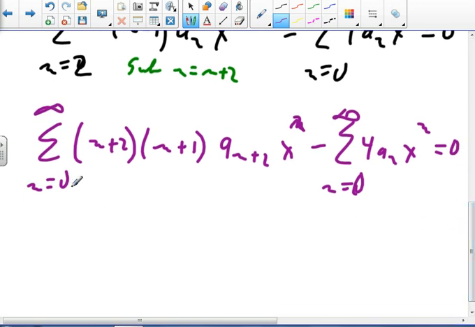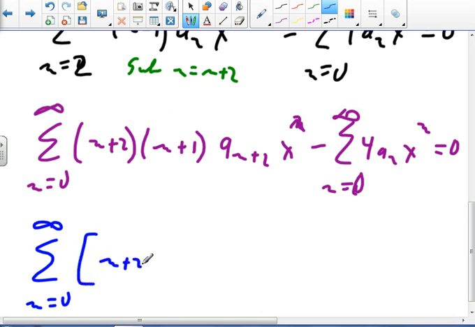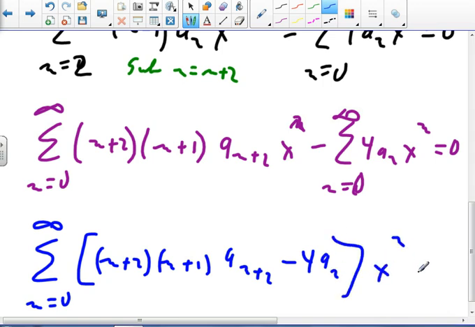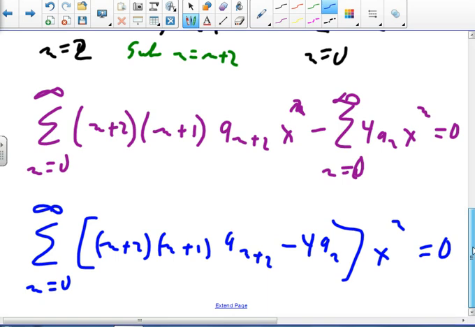Okay, my indexes come together, so I can put that all under one summation sign. Summation n equals 0 to infinity, n plus 2, n plus 1, a_(n+2) minus 4 a_n, x to the n is equal to 0.